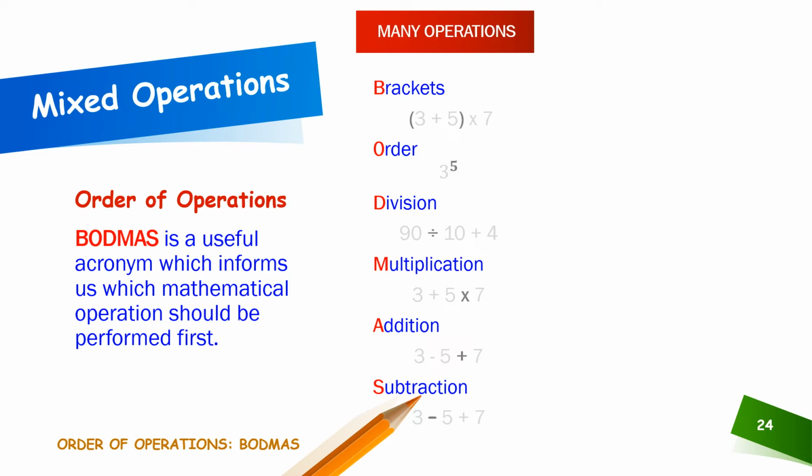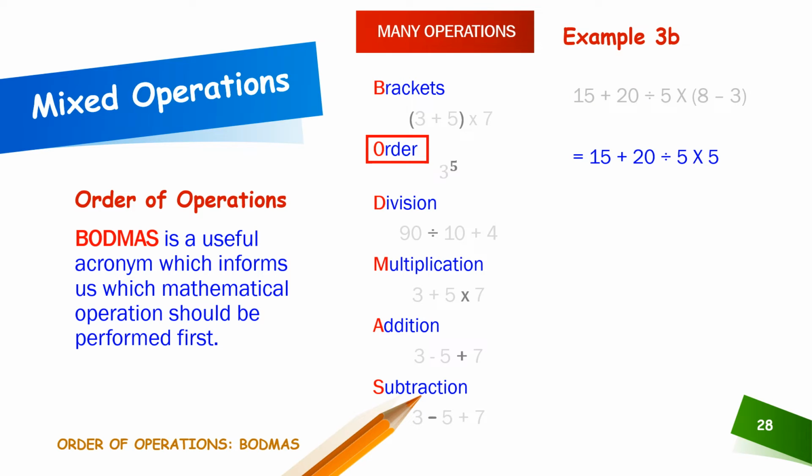Let's take a look at another example. Consider the one shown on your screen. Carry out the operations within brackets first. 8 minus 3 is equal to 5. We substitute 5 in place of 8 minus 3. Now see if there are any orders or indices or powers.